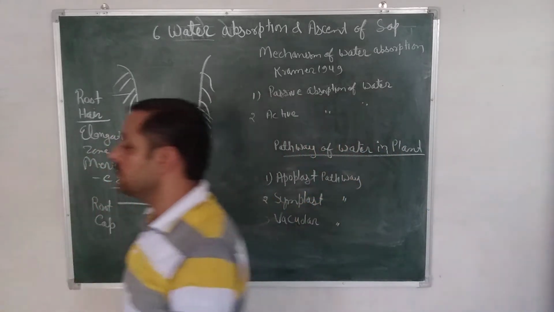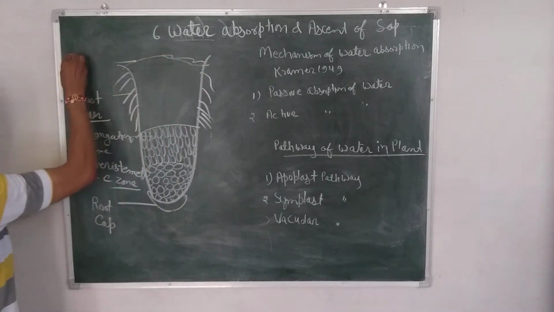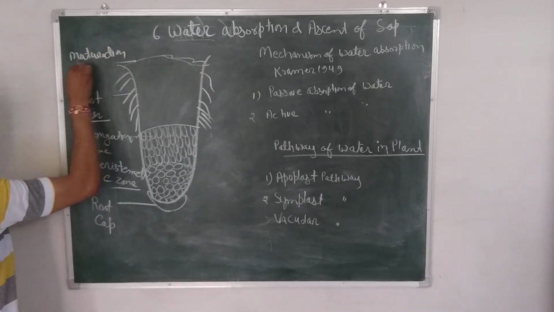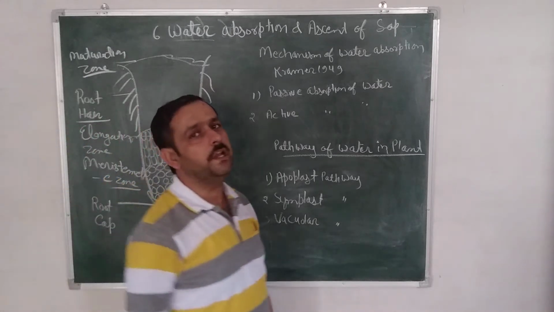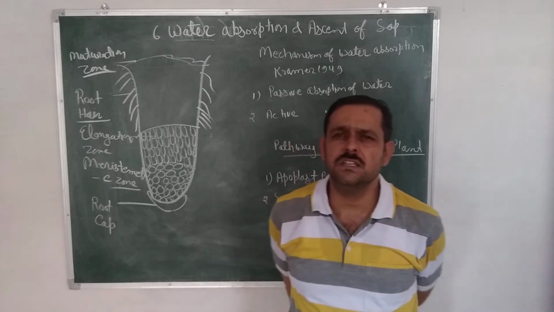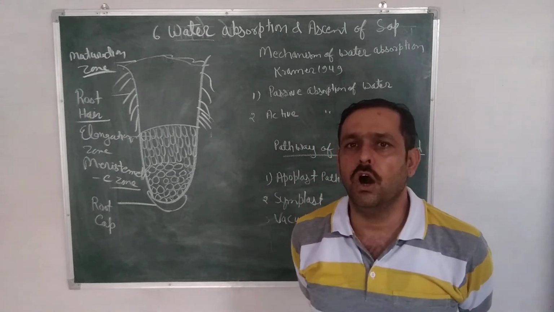After the root hair, the area of the root is called the maturation zone, because of the deposition of lignin and suberin. And this is the art of the plant, which we can say is the making of wood.